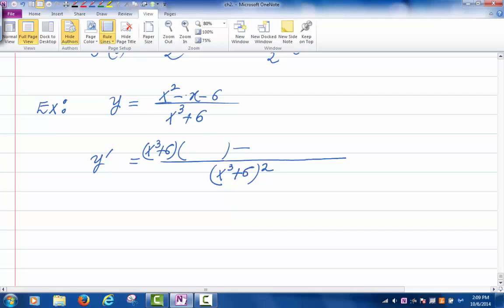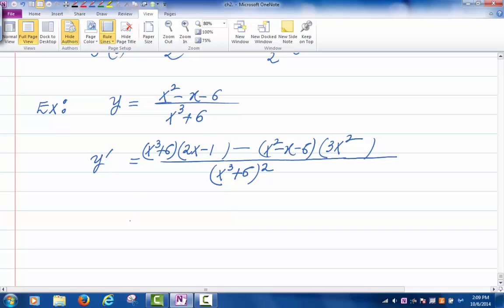That's 2x minus 1 by using the power rule, because the derivative of 6 is 0. And then minus, now you write the numerator as it is, and then you multiply that by the derivative of the denominator, and the derivative of the denominator is 3x squared. So that's what you get.